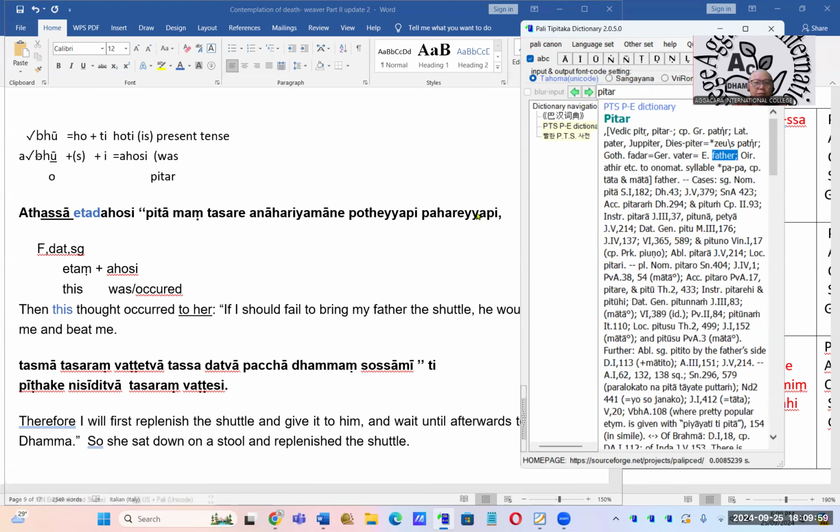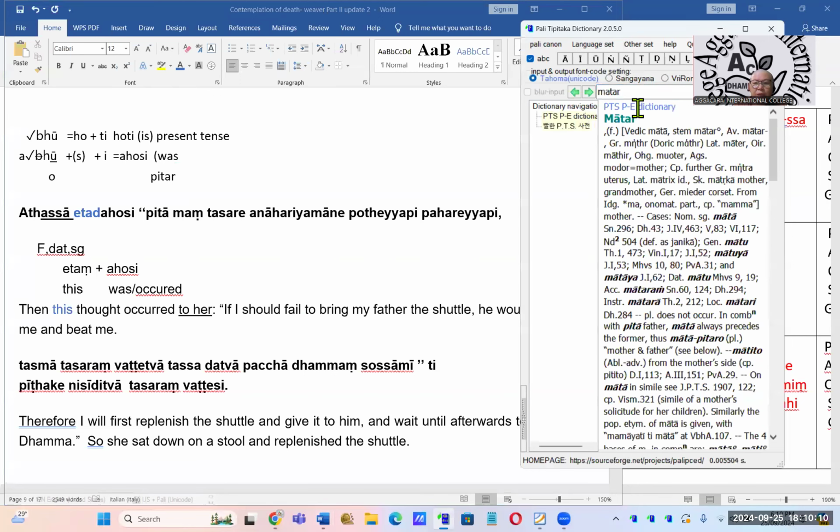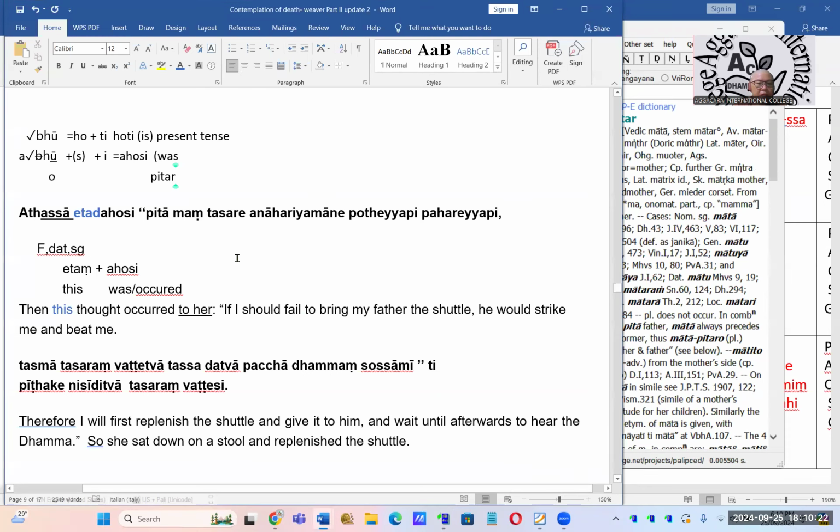Anyway, pita is father. And the mother will be mata. Mata is mother. So pita is father, mata is mother. Mother, I think, sounds even closer to mother, right? Mata, mother. So pita is father. So pita, mam. Now mam would be, I think, maybe, okay, we look at mam later.